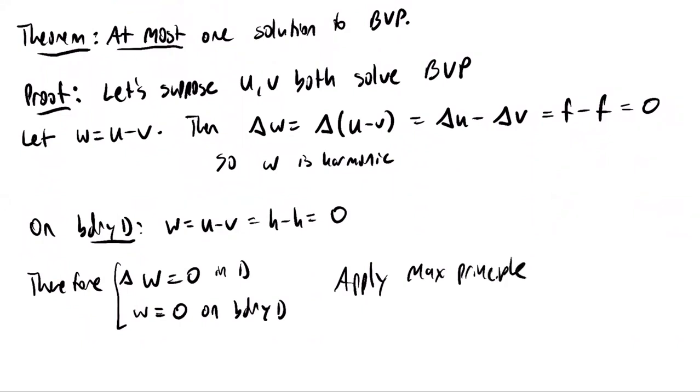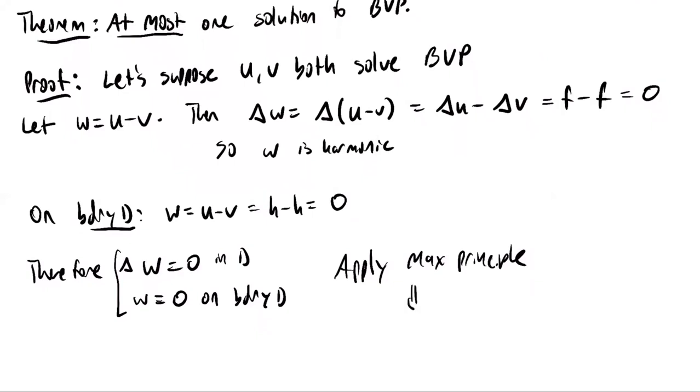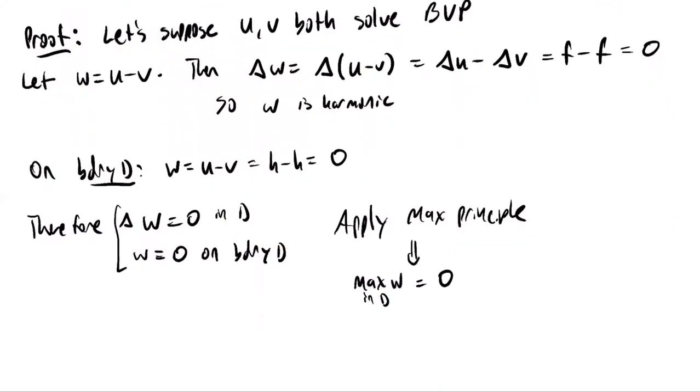And so it's harmonic. That means that by the maximum principle, the largest and smallest values have to occur on the boundary. But it's equal to 0 at every single point on the boundary. So the maximum principle tells us that the maximum of w in the domain D is 0, since w is equal to 0 at every point on the boundary. And also that the minimum value of w is equal to 0.